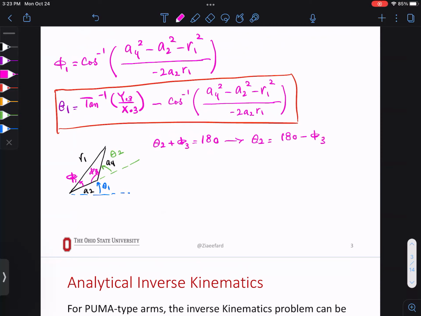How do I find phi 3? Another law of cosine, right? It's still the same thing. I can just write the law of cosine for this one. So basically I have phi 3. So again, law of cosine.